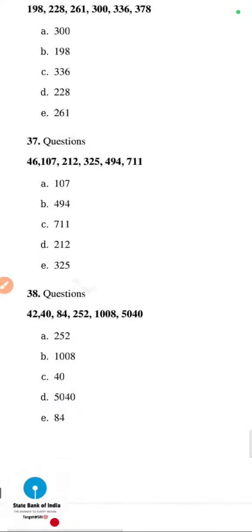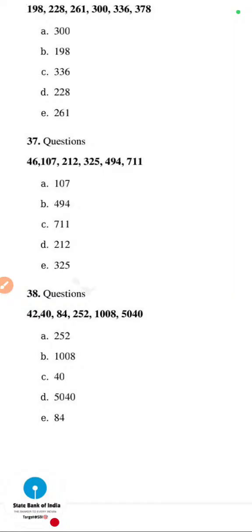Next, the 37th one: 46, 107, 212, 325, 494, 711. For this we'll see differences. 107 minus 46 will be 61. Difference between 107 and 212 will be 105.